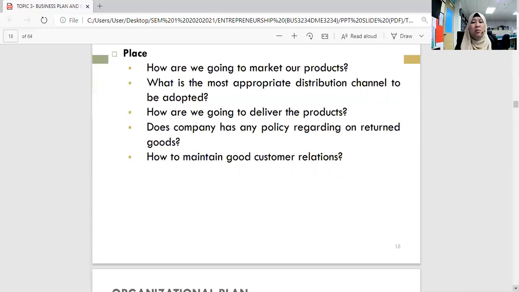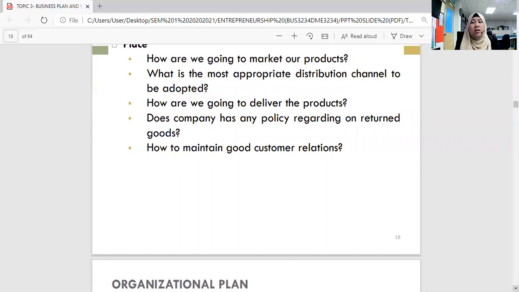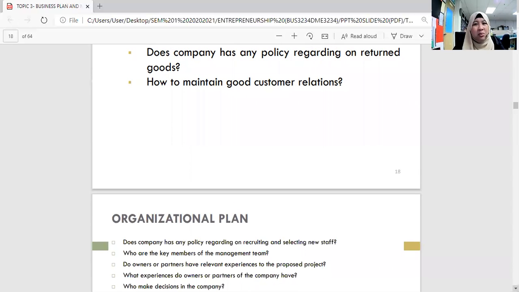This is talking about the after-sales warranty, after purchasing the product. This is warranty actually, and how to maintain a good customer relationship. So we can actually have a CRM, customer relationship management, with the customer.